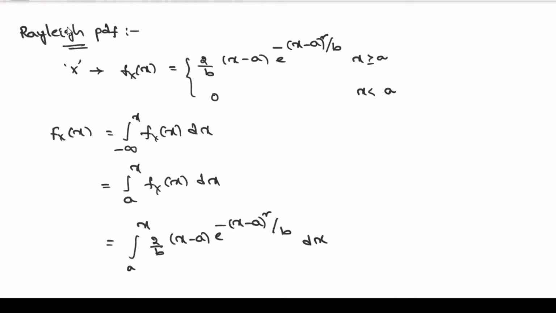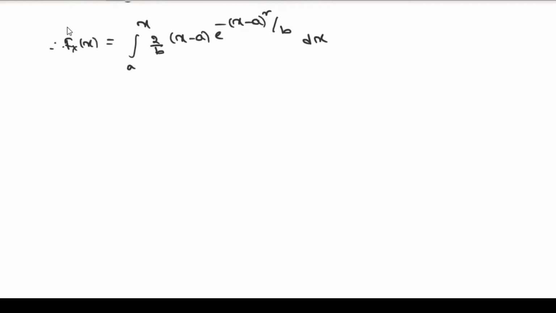Now we need to simplify this. For this I am taking (x - a)^2 / b equal to a dummy variable y.